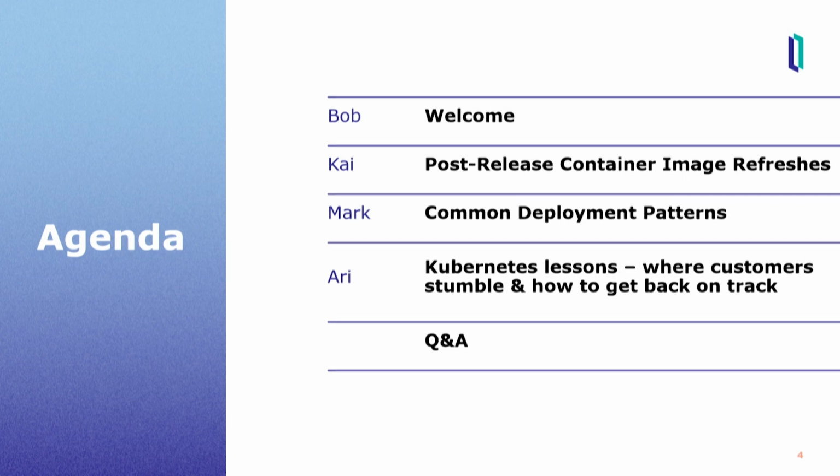Mark is going to talk about a number of common deployment patterns for containers and Kubernetes. And Ari is going to talk a lot about IKO and Kubernetes specifically, and some of the lessons that you've learned, and get you thinking in the right way to be successful with this.